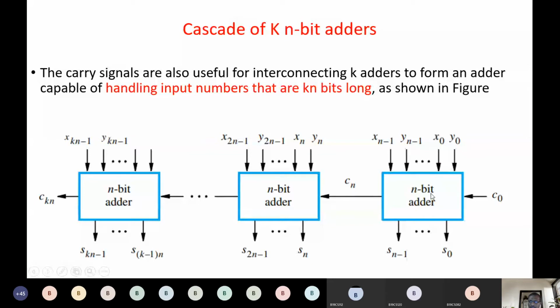This one will add the values from 0 to n-1 bits, this will add the values from n to 2n-1, and this one will add from 2n to kn-1. And we already know the carries will be propagating from here to here and so on. So this is the addition done.